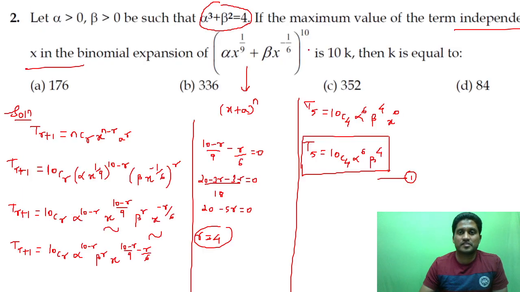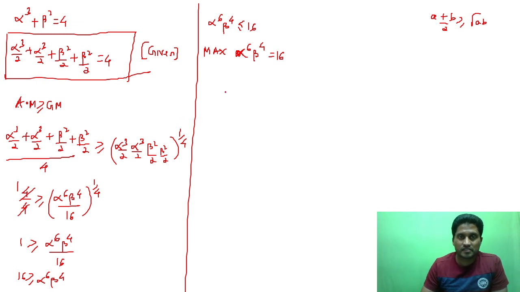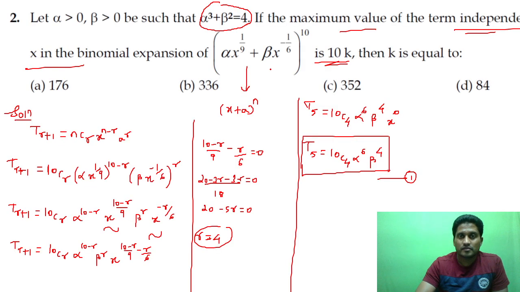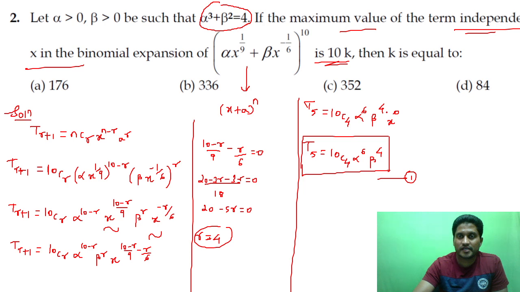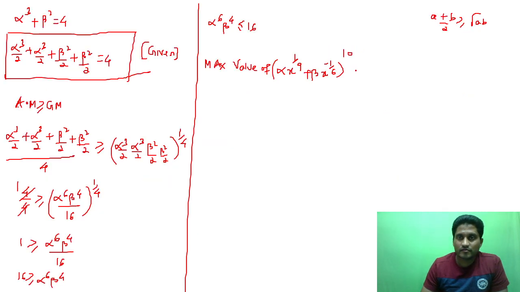Okay, now according to the question, the maximum value of the term independent of x is 10k, so it is given in the question. The maximum value of alpha x to the power 1 by 9 plus beta into x to the power of minus 1 by 6, whole to the power of 10, is equal to 10k.